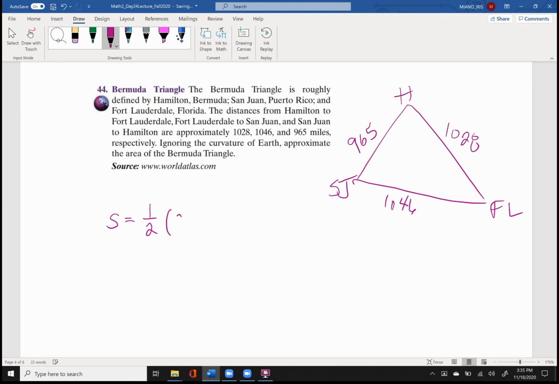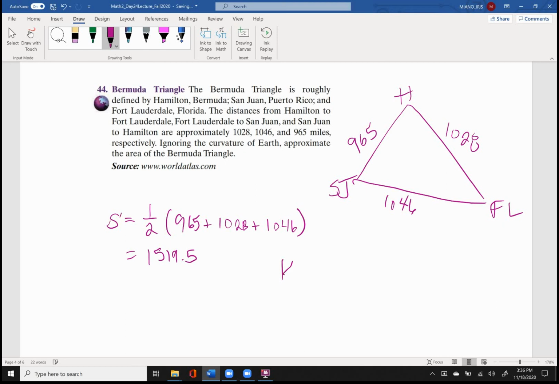So here we're going to add up all of the side lengths and then take half to find the value of S. That ends up being 1,519.5, your S value.